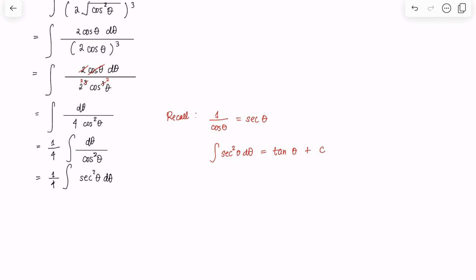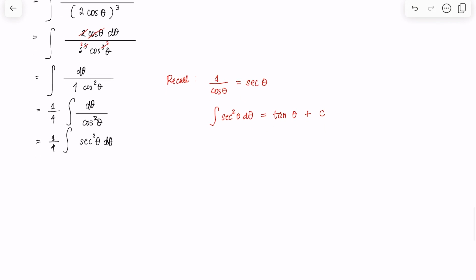Now that means this integral can be expressed as 1/4 of the tangent theta plus c.